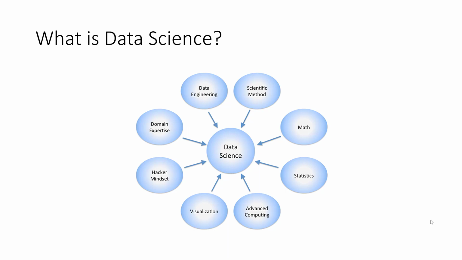Continuing around the clock, scientific method: you need to be able to utilize the scientific method in organizing yourself as you build out these data science models. Obviously, math is important. You need to be able to understand at some level the underlying math behind many of these models.